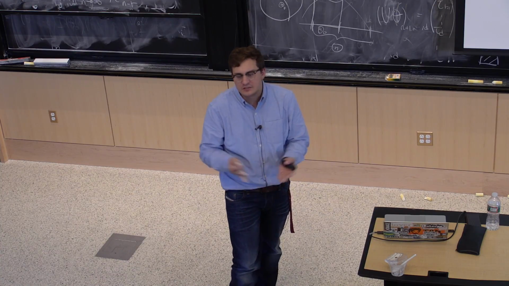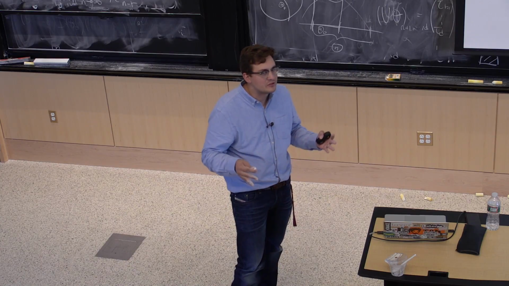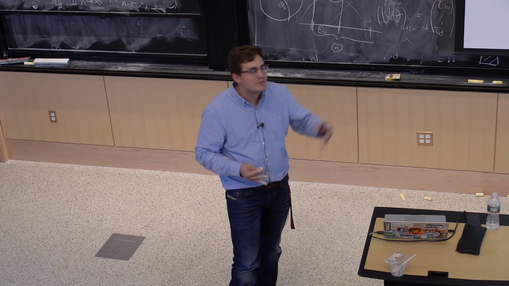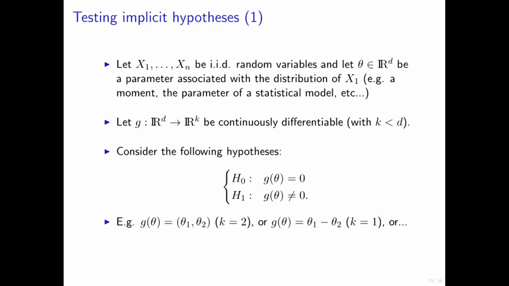So sometimes it's just interesting to look at the difference of things, or maybe the sum, say the combined effect. Maybe these are two measurements of blood pressure, and I just want to talk about the average blood pressure, and so I can make a linear combination of those two. And so those things implicitly depend on theta, and so I can generically encapsulate them in some test of the form g of theta is equal to 0 versus g of theta is not equal to 0.